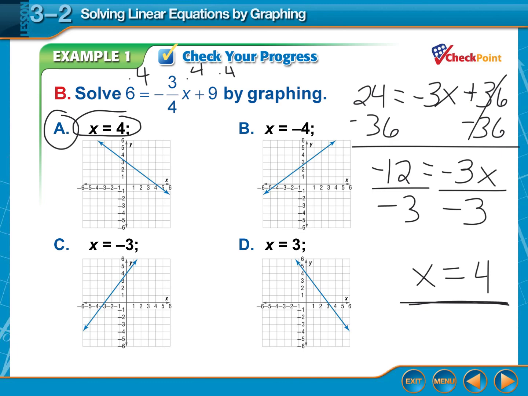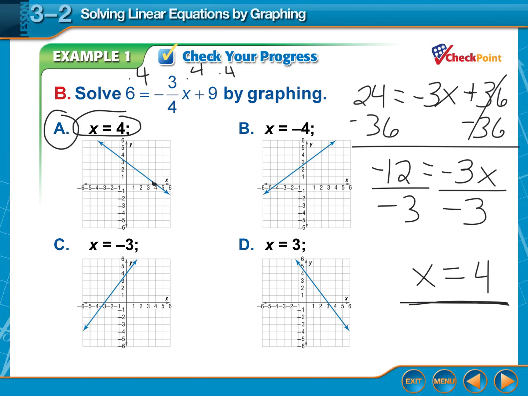Did they graph it correctly, x-intercept wise? How do we know if our line is supposed to go in that direction? How can we find out? So we have our x-intercept here. We could find our y-intercept. How do we find our y-intercept? Can we really from this? No. Trick question.